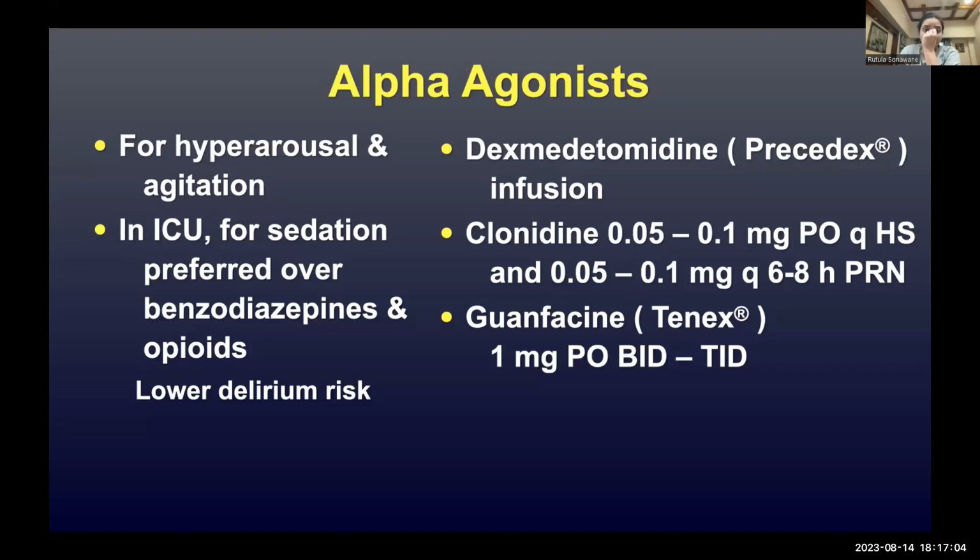Since I've been working in Bharati Hospital, I've had a lot of patients in the ICU who have been given Dexmed, and sometimes it also helps with the restlessness caused by breathlessness. If the patient is having a lot of tachypnea, that also reduces with Dexmed. So it is helpful in that sense as well.